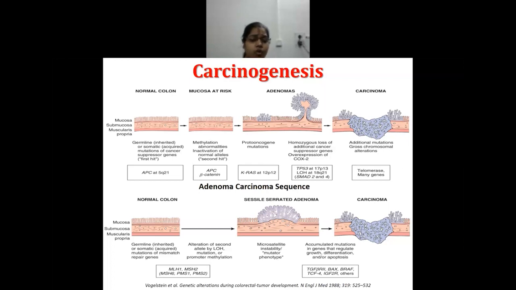Further, due to alteration in the second allele, there results microsatellite instability or the mutator phenotype. The resultant morphological picture is that of a sessile serrated adenoma, and due to further accumulation of mutations like TGF beta, BAX and BRAF, there occurs invasion and hence carcinoma.